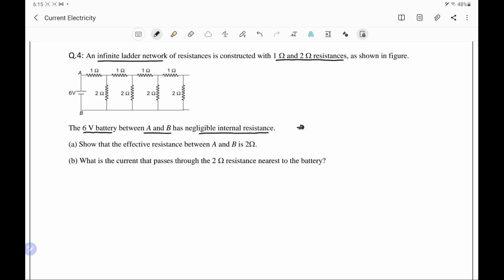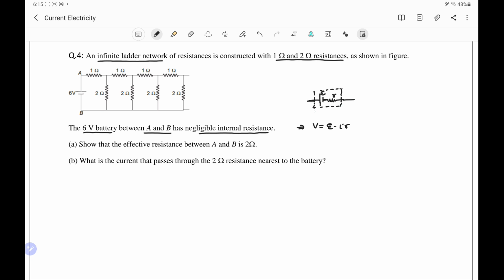This implies that the potential difference across the battery is E minus Ir. We can draw this as the battery and this resistance as the internal resistance. The EMF of the battery is E, and this is the cell or battery.